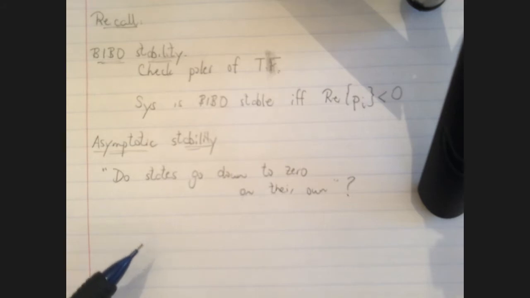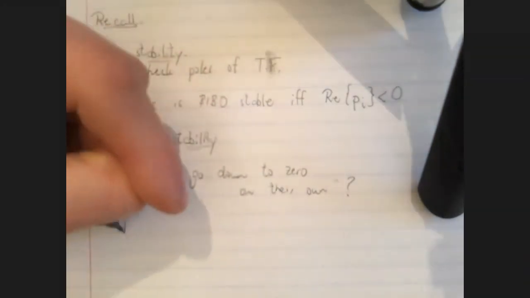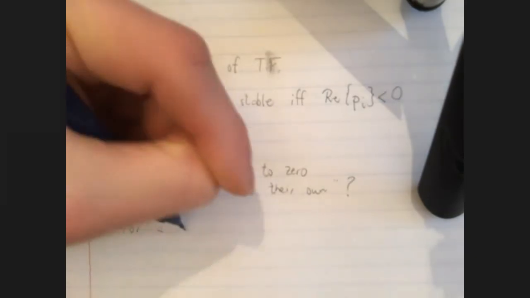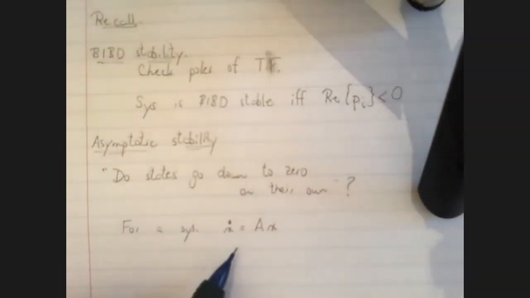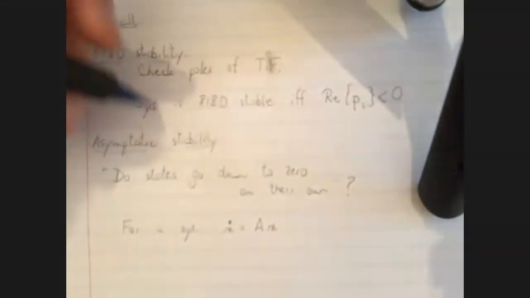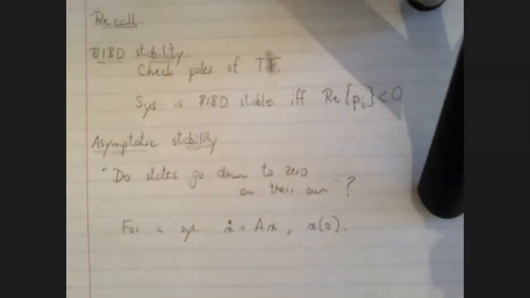So this is going to be for a system of the form x dot equals A times x, without the external input, with a certain initial condition x0.